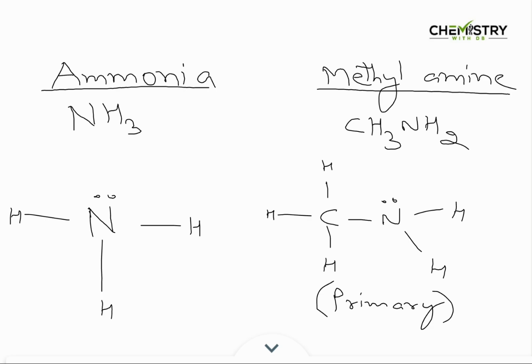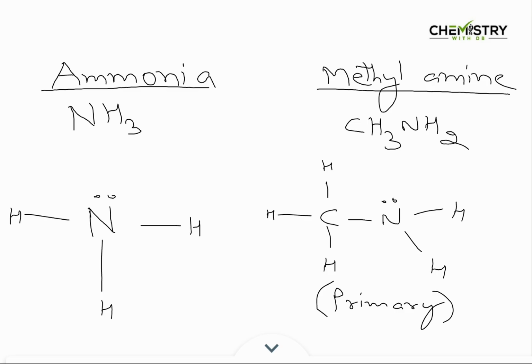So in ammonia, nitrogen is bonded to 3 delta positive hydrogen atoms, and there is a lone pair of electrons because nitrogen is in group 5. So all of these 5 electrons are shown here now. In a primary amine, methylamine, nitrogen is bonded to 2 hydrogens and 1 alkyl group, which is the methyl group here.